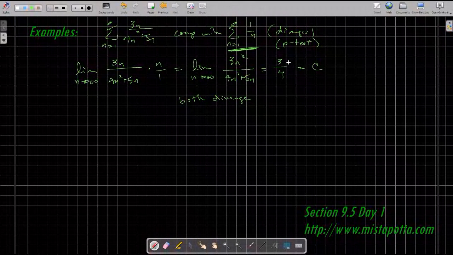The P-test is my clue as to how I'm getting those. I'm looking at the dominant terms in the numerator and denominator and trying to find a comparable P-test candidate. And the P-test is very simple. I can look at it, and by inspection I can tell if it converges or diverges. And I'm using those in my limit comparison test to make that work.